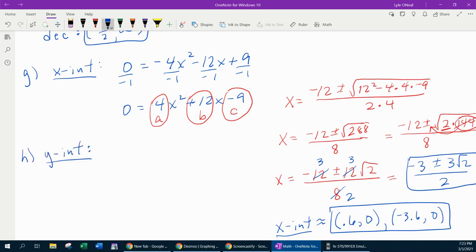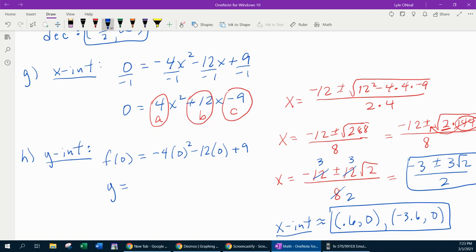Let's do the y-intercept. And remember, to find the y-intercept, you need to let x be 0. Basically, we're going to calculate f of 0, which means we're going to have the y value when x is 0. And that'll be negative 4 times 0 squared minus 12 times 0 plus 9.